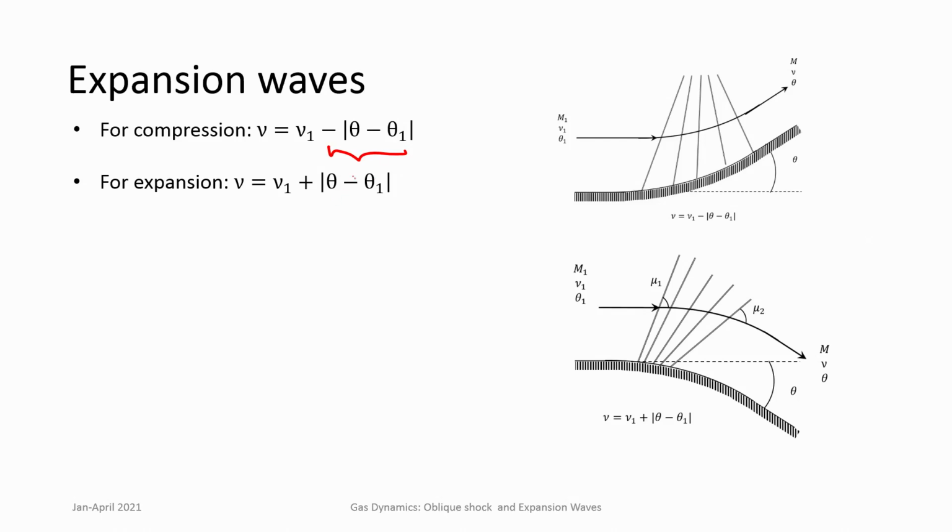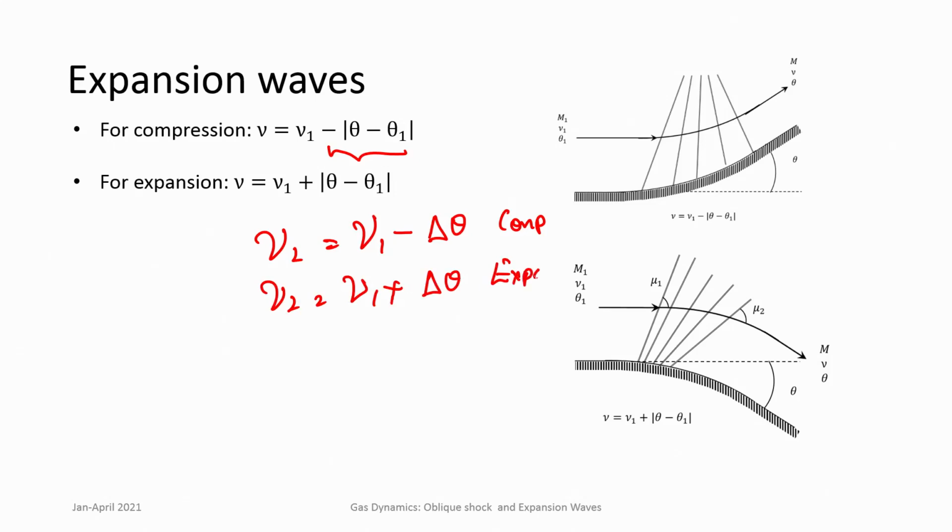You should always remember these. For gradual turns, for both compression and expansion, you can use the Prandtl-Meyer analysis and relate the downstream and upstream conditions. So the relationship is nu 2 is nu 1 minus delta theta for compression, and nu 2 is nu 1 plus delta theta for expansion, or a turn away from the flow.